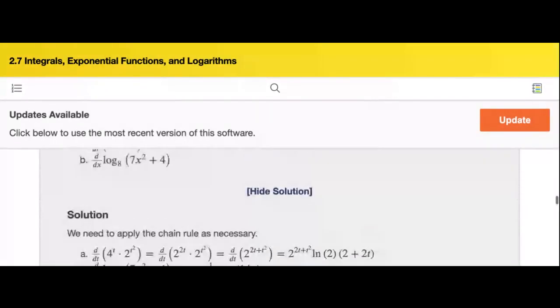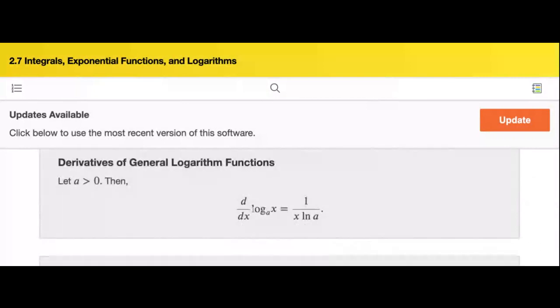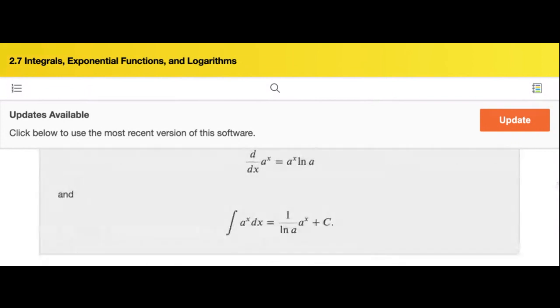Let's go back to the formula. Right here, when we take a derivative of this, it is 1 over x ln a, but when we anti-differentiate a to the x, in our case sometimes we need to substitute u, a to the u. That just equals 1 over ln of the base. In our case the base is 2.